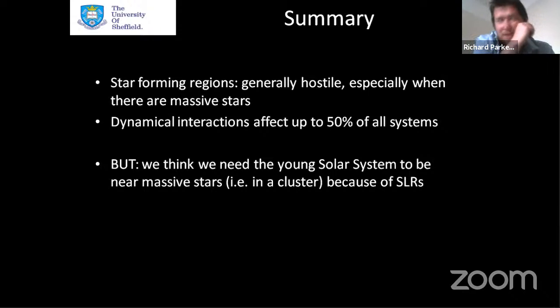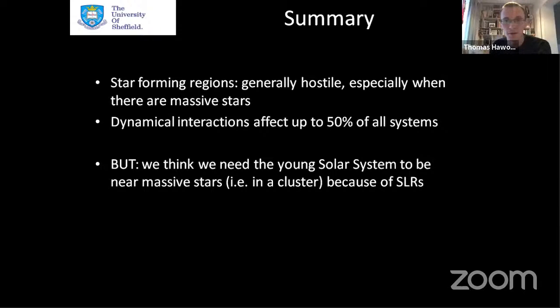But this trend of increasing disk mass or disk fraction with distance from an O star, I'm not questioning the observation as such. I'm questioning the interpretation of the observation. I don't buy it at all, because the stars move around.